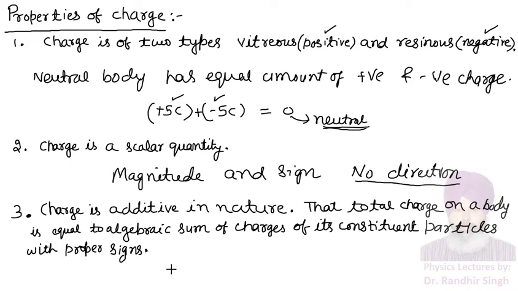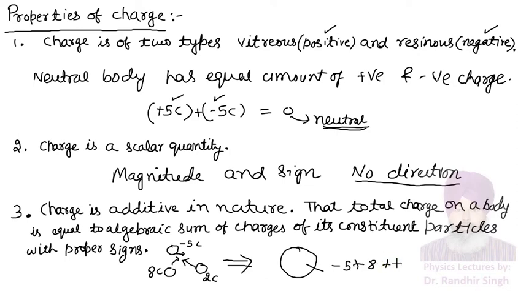For example, if there are three particles that combine together to make a new body, and suppose the charge on one is minus 5 coulomb, on another it is 8 coulomb, and on the third it is 2 coulomb, then the charge on this final body will be minus 5 plus 8 plus 2, that will be equal to plus 5 coulomb. So this is the meaning of the third property, that charge is additive in nature.